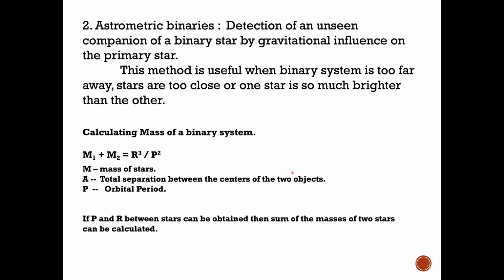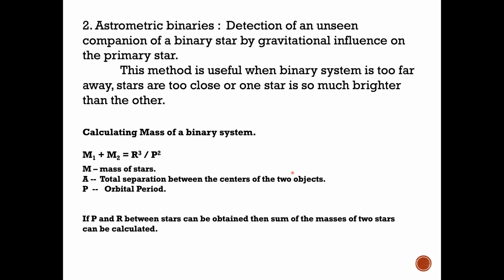Sometimes you can detect one star, but the other one you cannot observe, right? Now, these types of stars can be detected using the gravitational influence of the primary star, right? So this method is usually called astrometric binaries. This is very useful when you have binary systems that are too far away.